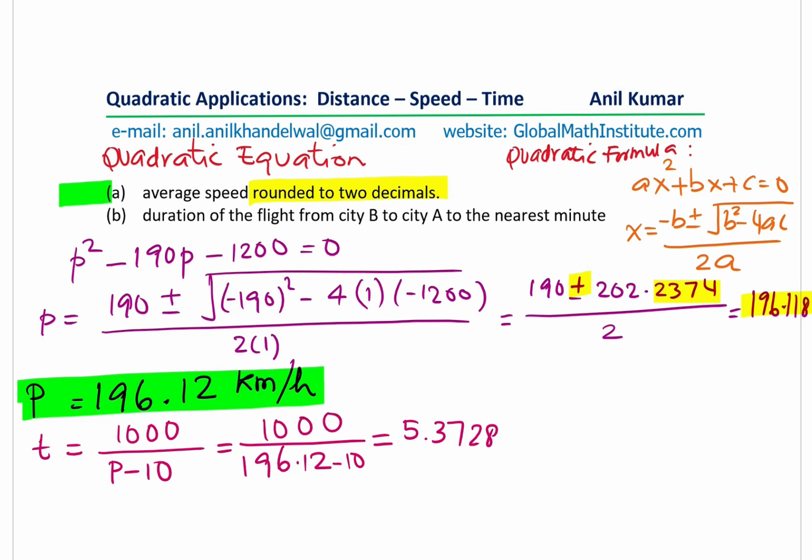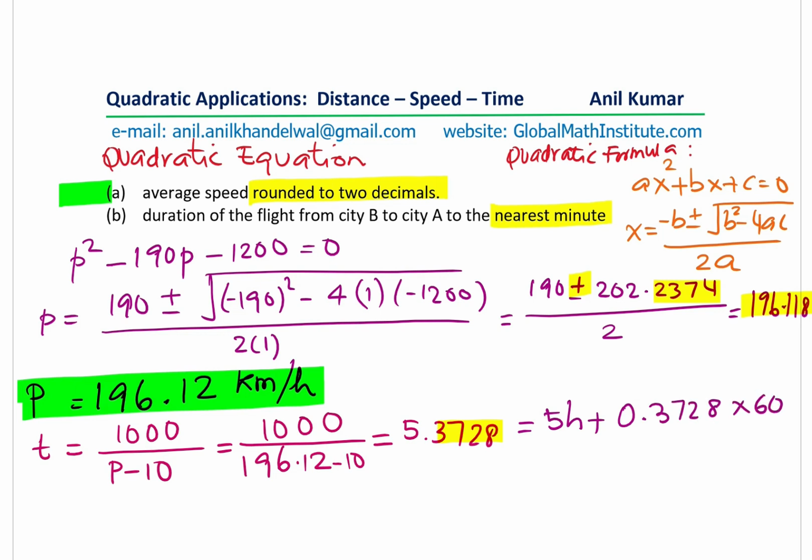But the time which we have to give, is it in nearest minutes? So we have to convert this part to minutes, right? So how do you do that? Let me write down this as 5 hours plus how many minutes? 0.3728 times 60.